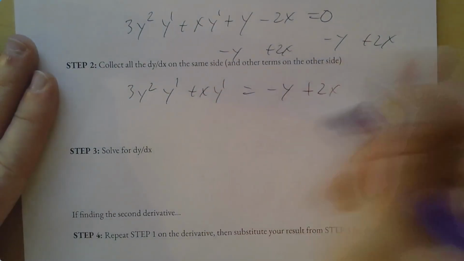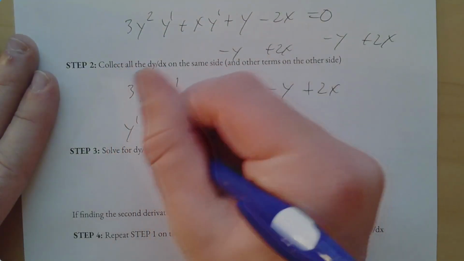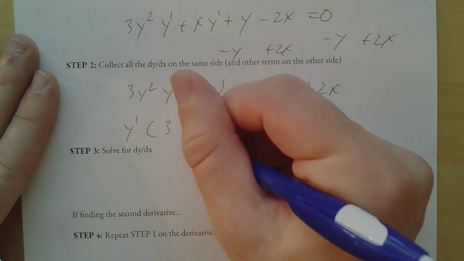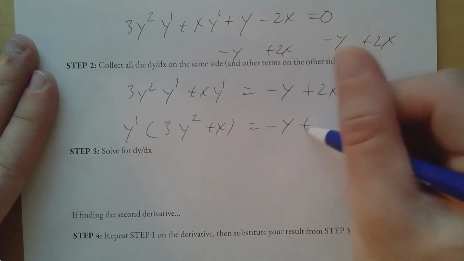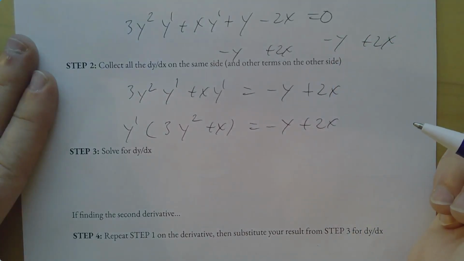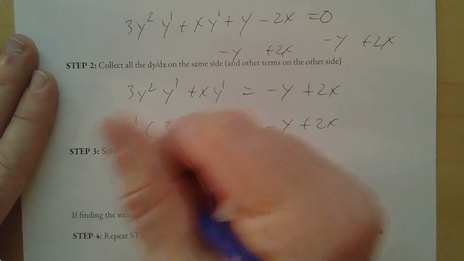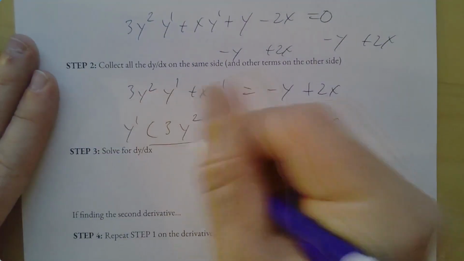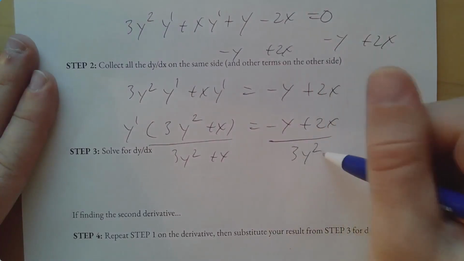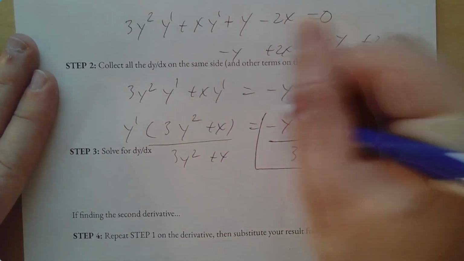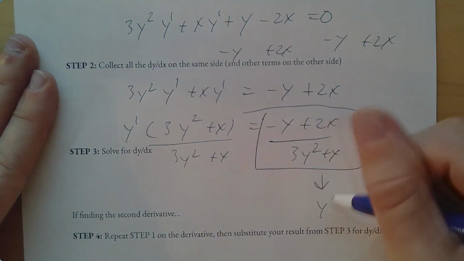Then you factor out the y prime or the dy/dx. So it's y prime times 3y squared plus x equals negative y plus 2x. And then to get y prime completely alone, you divide by 3y squared plus x on both sides. So that would be your answer. This would be the y prime.